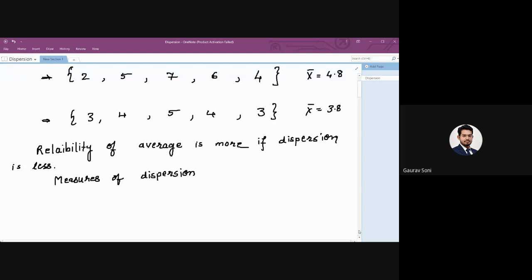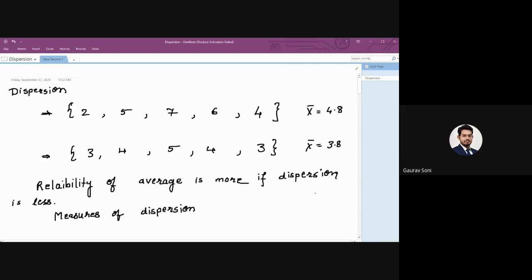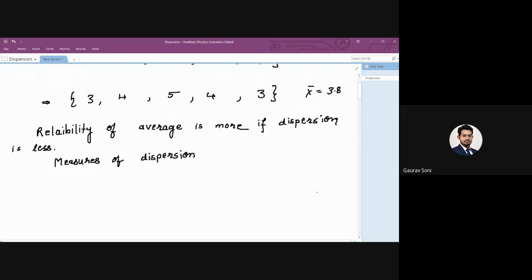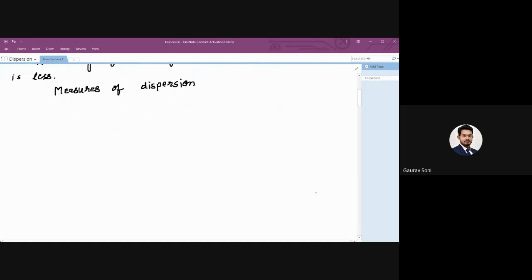So first and very important, when I asked about this set of people, someone said that the values in the first set have more spread. We can see that the spread for the first 5 people is more, whereas the spread for the second 5 people is less. A very first and important thing here is the range.